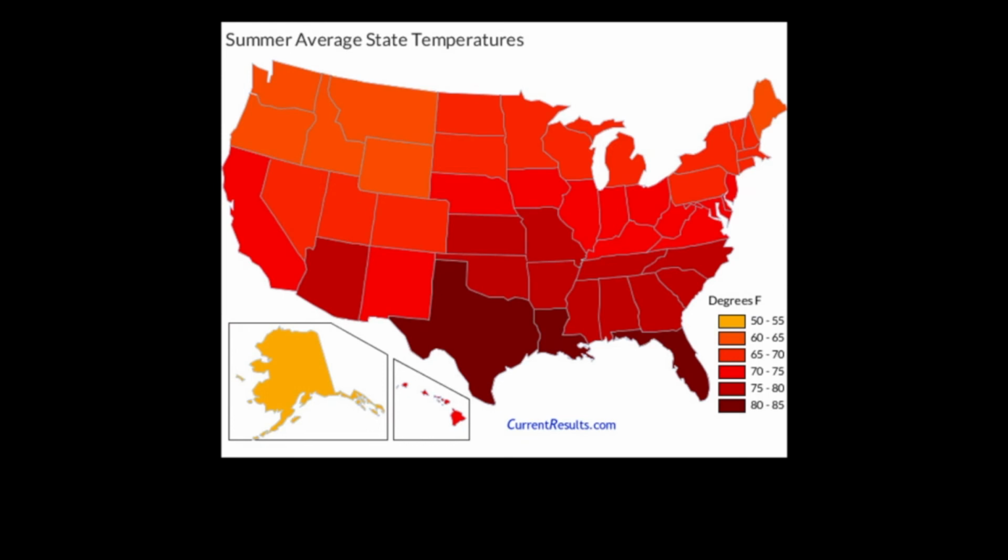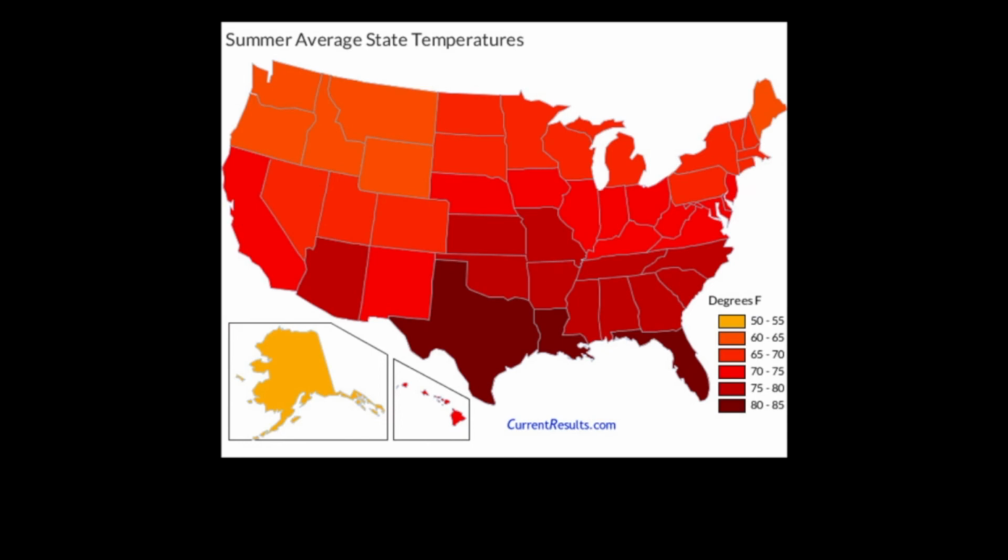Now, what I'm going to compare this with is a map of the winter average state temperatures. Because if we look at the winter temperatures, we can work out which states are likely to go through temperature changes that involve going below the freezing point of water.